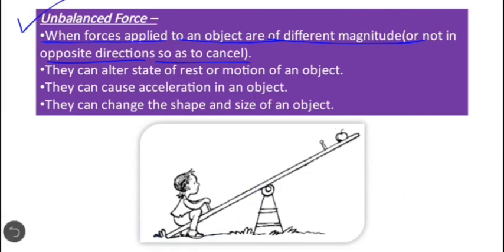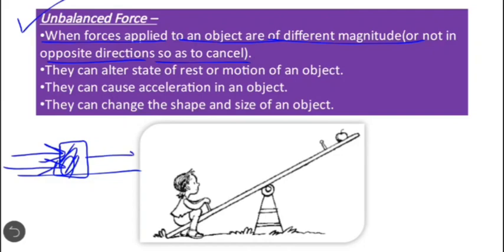Now I am showing another example to you. Suppose there is a smooth plane and a block is put over it. If you apply one force and then apply a second force on the same object, then the object will start to move, and this condition will be of unbalanced force.